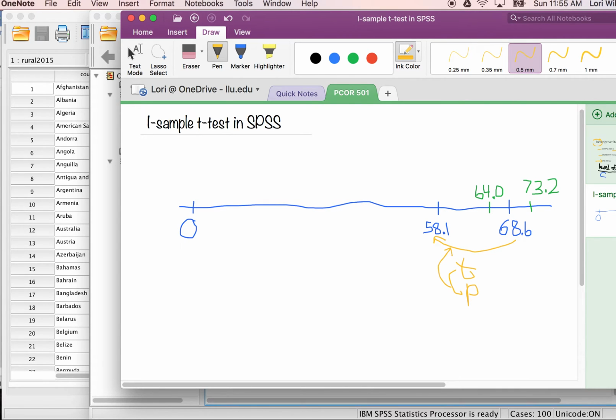When I calculated that and I got my confidence intervals, I am 95% confident that the true population mean is somewhere in between 64.0 and 73.2. Again, I've rounded these slightly, but just so that you can kind of get the general idea. 58.1 is not inside of there.